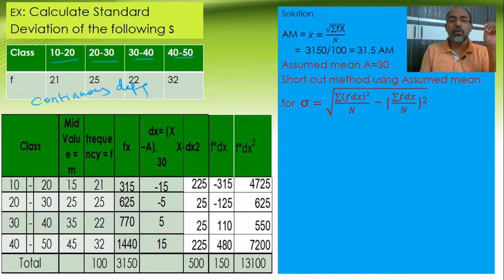So we need additionally the mid value, which we take from the class: 10 plus 20, that is 30, divided by 2, you will get 15. Okay, this is the mid value.